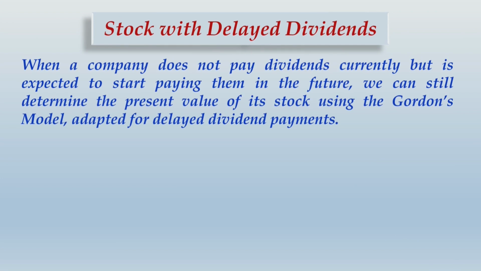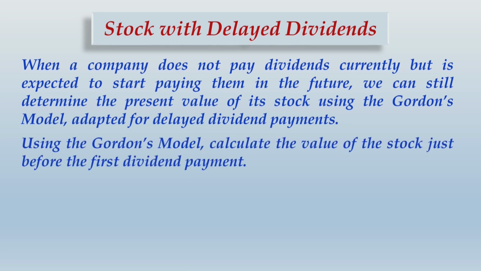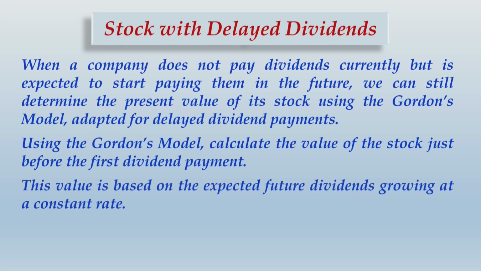When a company does not pay dividends currently but is expected to start paying them in the future, we can still determine the present value of its stock using Gordon's model adapted for delayed dividend payments. Using Gordon's model, calculate the value of stock just before the first dividend payment.